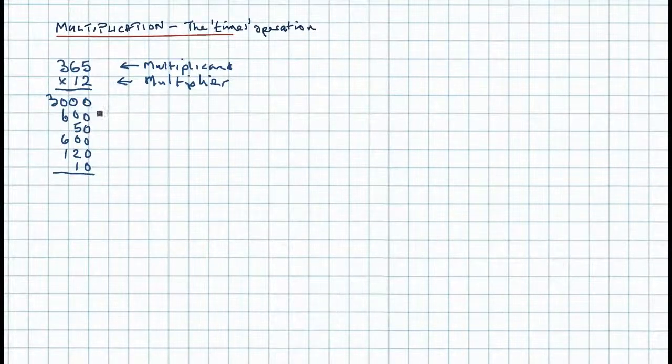I'm going to reorder these because the addition is quite tricky here. So we'll say 3,000 and 600, but I want to just line things up a bit nicer. So there's nothing wrong with just rewriting this just to make it look a bit neater and to see what we've got.